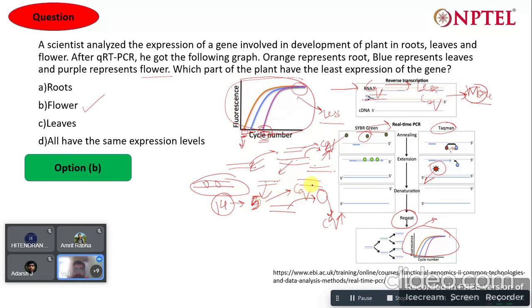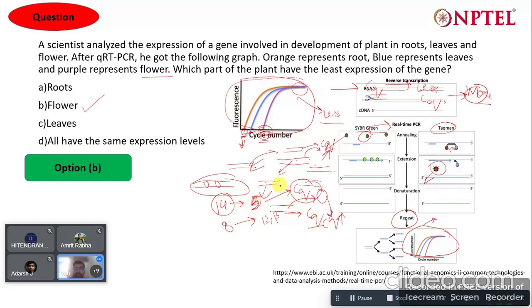Now the other sample has DNA copies of only 8. This will start giving the signal at around the 12th or 13th cycle, so this Cq will be higher.